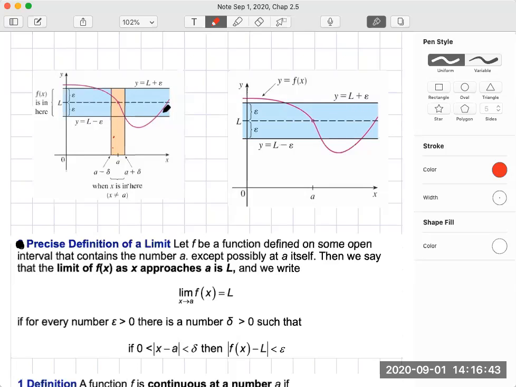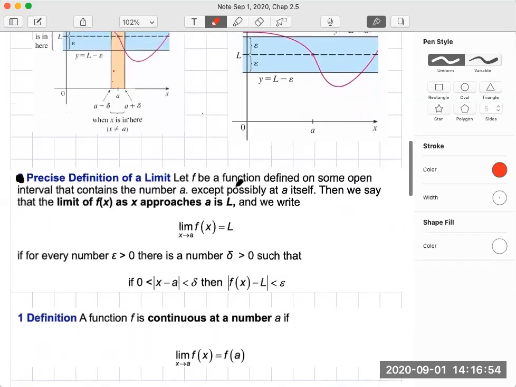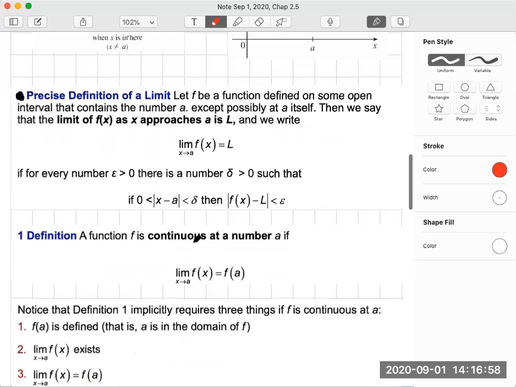That is the precise definition of limit. Take home, read it, and try to understand it. These notes are uploaded on Moodle, so you can download it. So you don't have to write this part here.